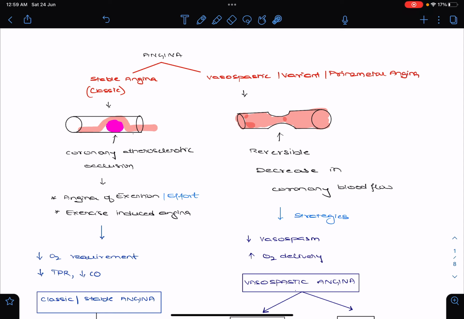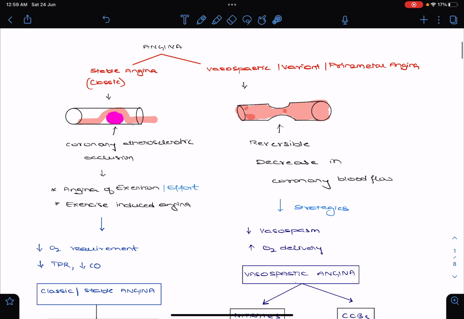This type of angina occurs during effort, exertion or exercise. So, stable angina is also called angina of exertion or angina of effort. It is also known as exercise induced angina.